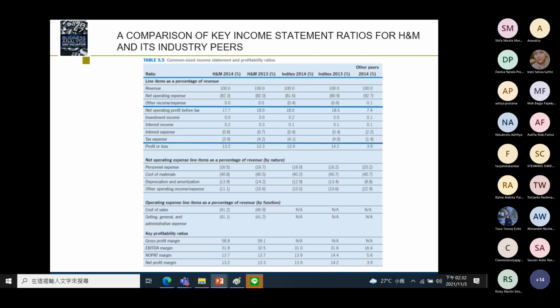As we will see discussed in more detail in the next section, HMM and Intertex depreciation and amortization to revenue ratios are significantly higher than those of their other industry peers. One factor explaining this is that HMM and Intertex tend to lease their stores at more central and hence more expensive locations.